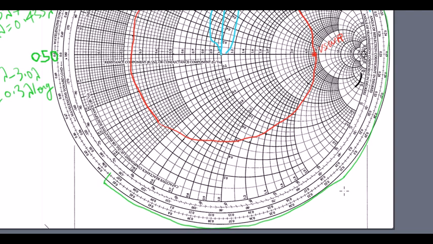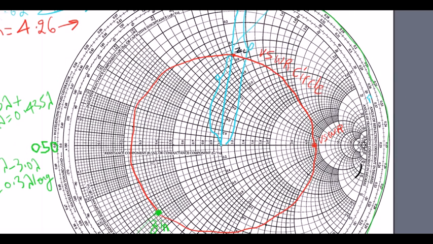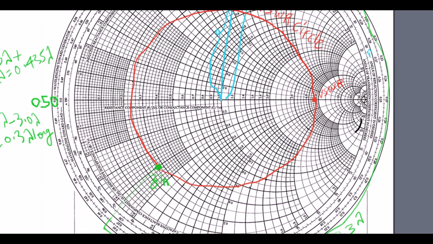Now that we have moved 3.3 wavelength towards the generator, you draw the line to know where the point is, which is approximately here. So now I have a new point which we can call Zin for input impedance, and now we've obtained our input impedance point on the Smith chart.